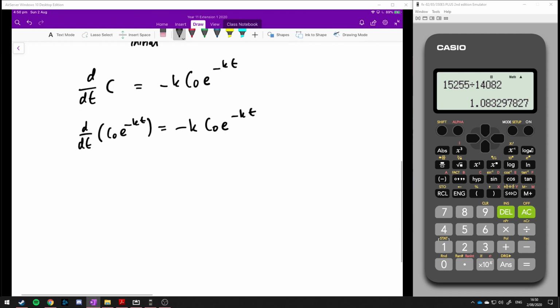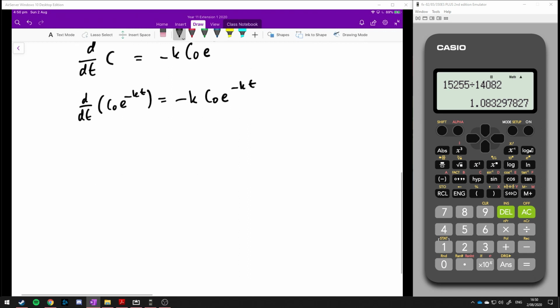Let's go with the left-hand side, d/dt of C0 e to the minus kt. Taking the derivative with respect to t, the minus k is going to come down the front, leaving us with C0 e to the minus kt, which is equal to that right-hand side. So then we've shown it, there we go.